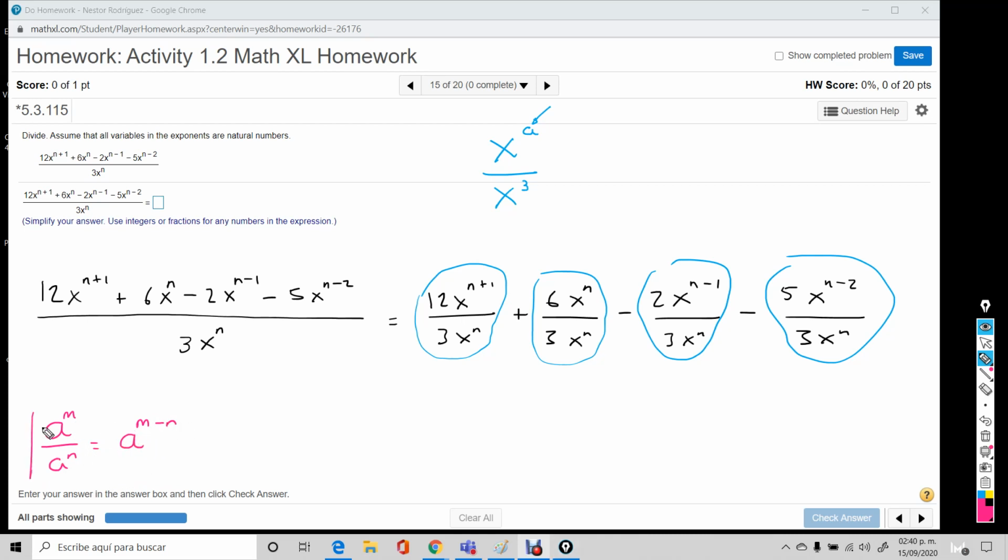So just apply this law to this problem. What would be the solution? The solution would be that this is equal to x raised to this exponent a minus this exponent 3. And you're done, guys. This is the answer. You see?